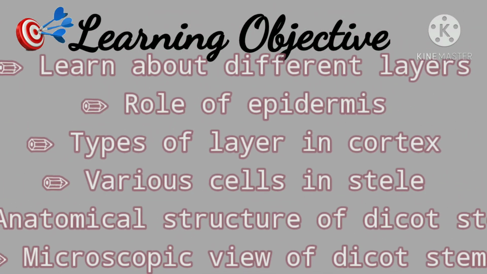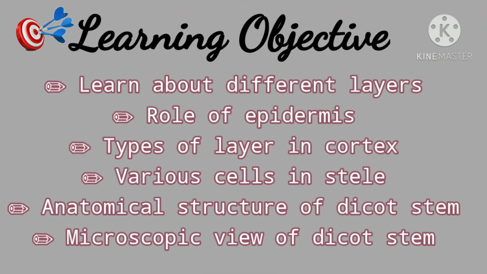Through this video, you will learn about the different layers present in dicot stem, the role of epidermis, types of layer in cortex, and the various cells in stele, the anatomical structure of dicot stem, and how a dicot stem looks under the microscope.